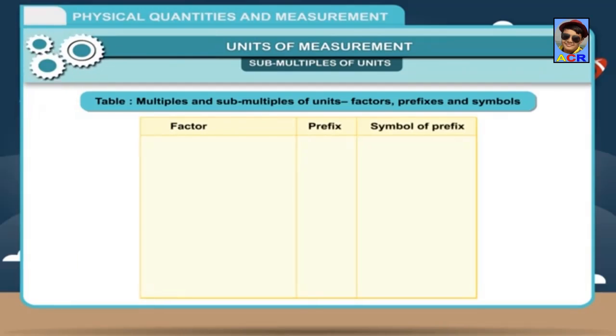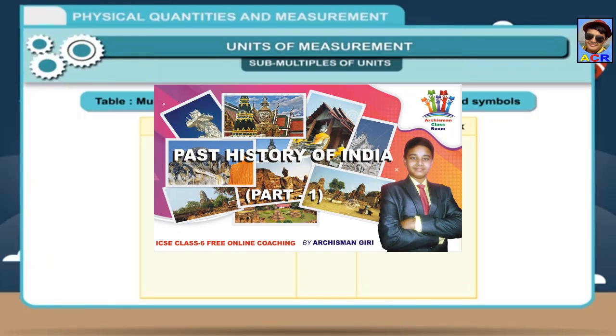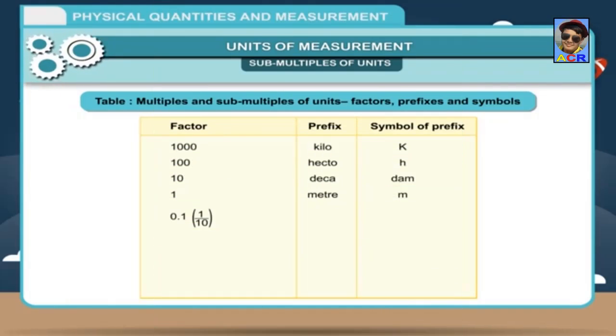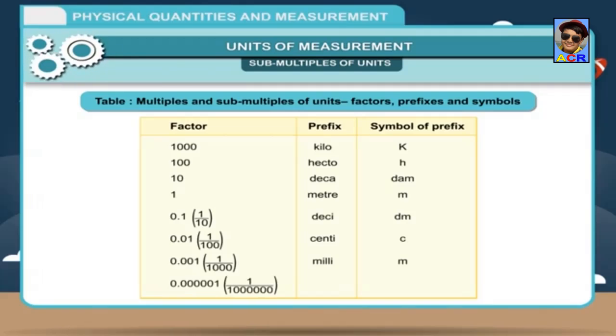Factor, prefix, symbol of prefix. 1000, kilo, k. 100, hecto, h. 10, deca, dam. 1, meter, m. 0.1, 1 by 10, deci, d. 0.01, 1 by 100, centi, c. 0.001, 1 by 1000, milli, m. 0.000001, 1 upon 10 lakh, micro.